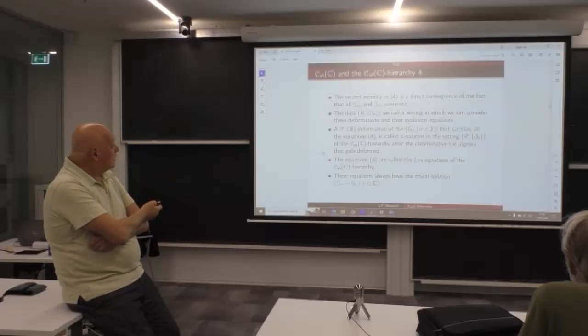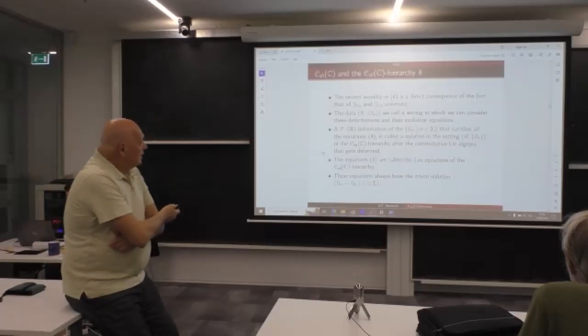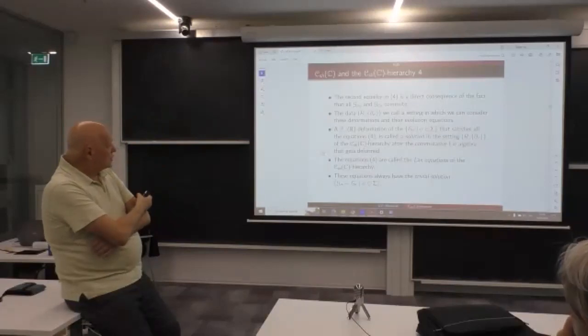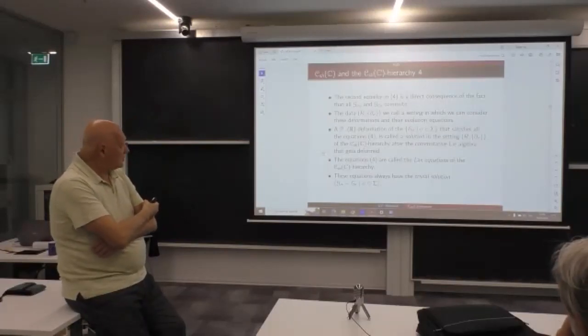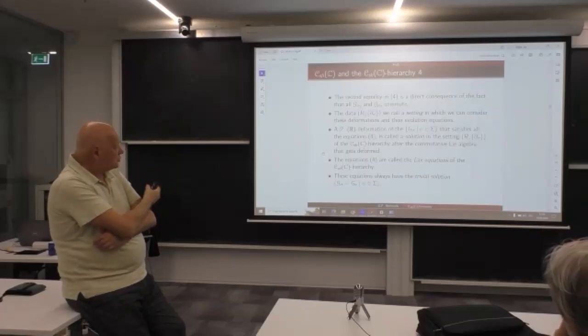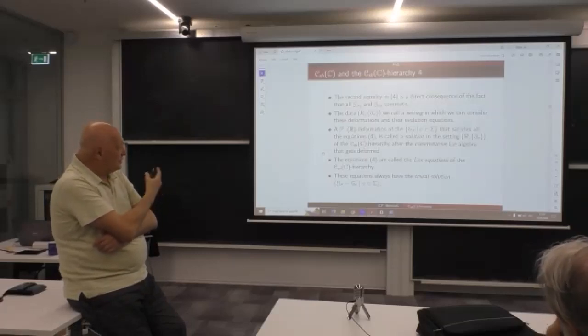We call this set of derivations the data R, a setting in which we can consider the deformations. Now we look for P minus R deformations of the G sigma that satisfy equations 4. And if you have found such a deformation, then you can call that a solution in the setting we just introduced.